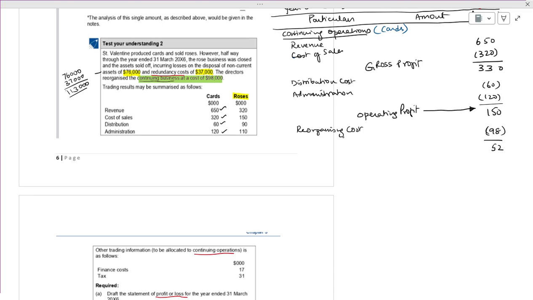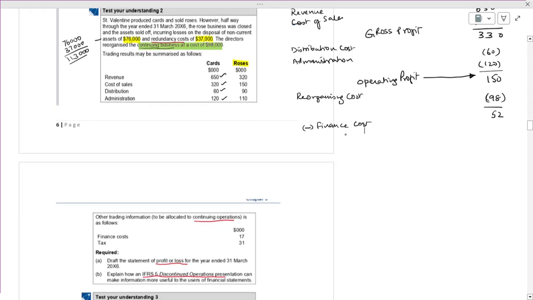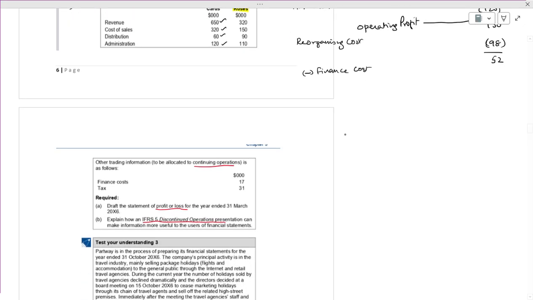Next, slowly and steadily, you have to deduct finance cost, only for the continuing operations. Here they have mentioned other information to be allocated to continuing operations only, very clearly.